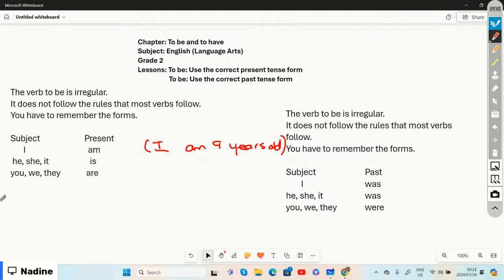So this is basically how we use our verbs, where we say in the present tense, I am, he, she, it is, you, we, they are.